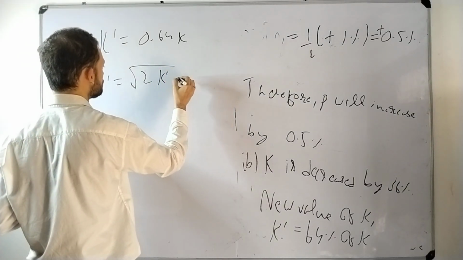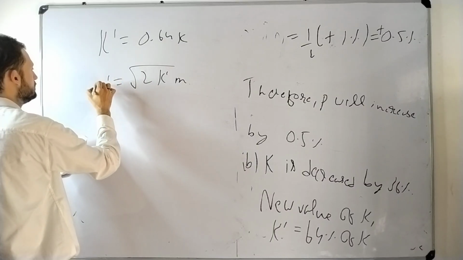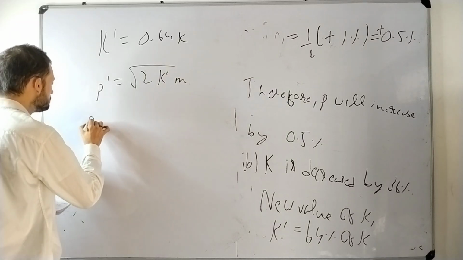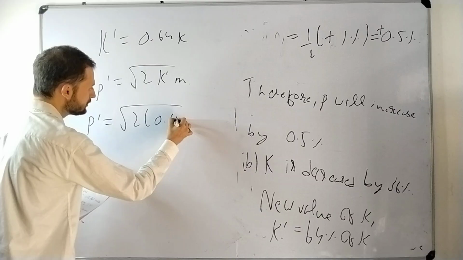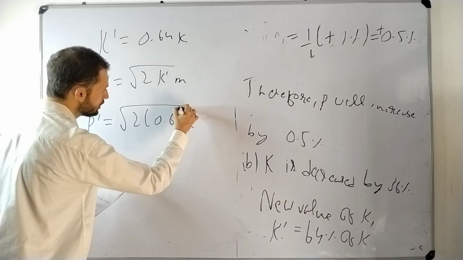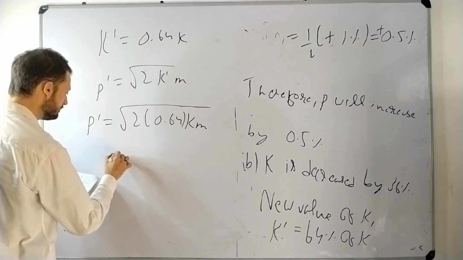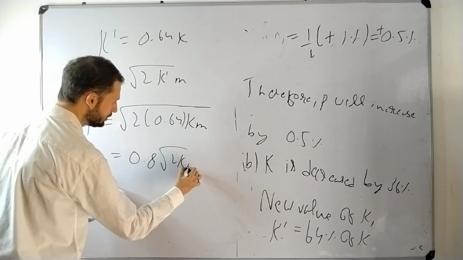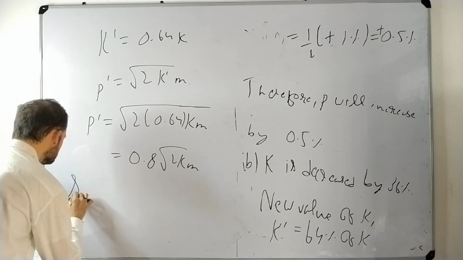Then K dash becomes, no sorry, P dash. Yes, what you are saying is right. P dash is under root 2 into 0.64 K M. And this is 0.8 times root 2 km.